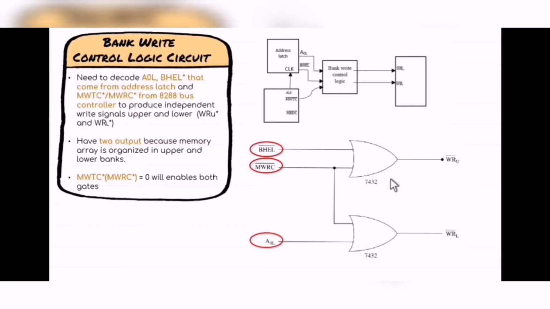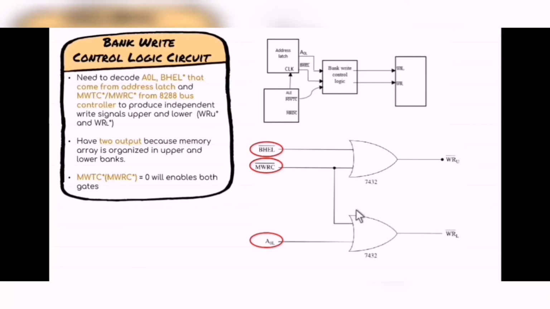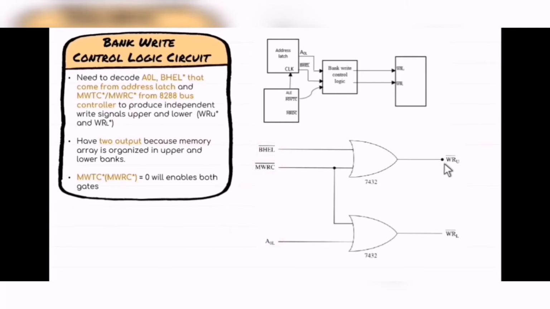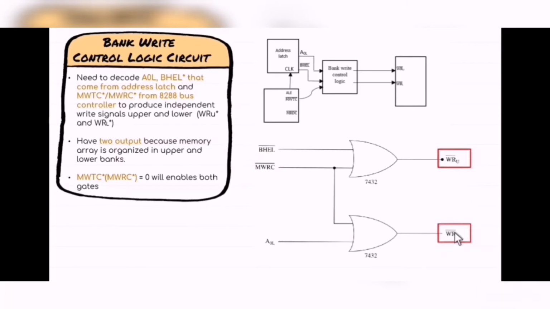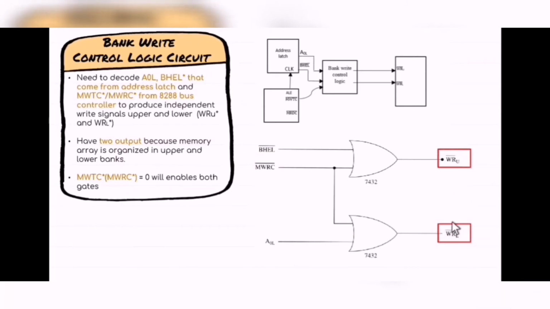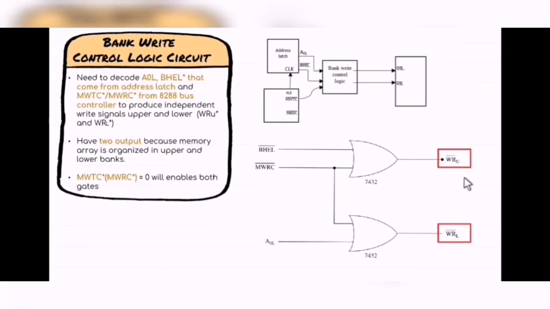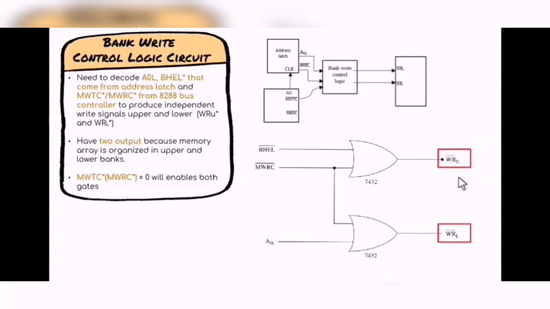So based on this diagram, it will have two outputs here, because the memory array is organized in upper and lower banks. This is upper and this is lower.